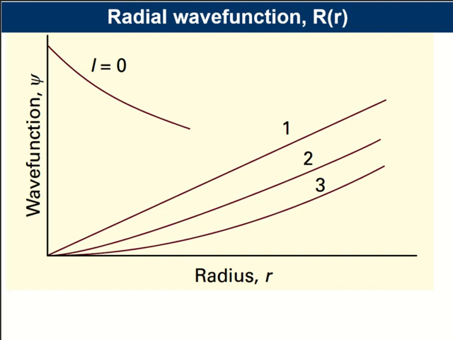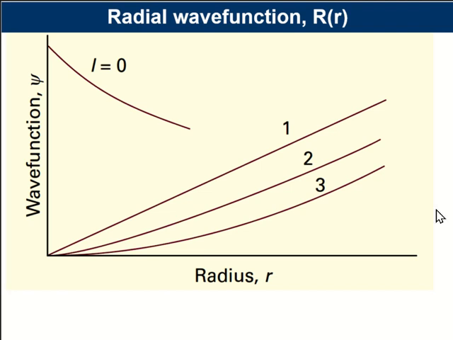When L is 0, you have a maximum amplitude of the wave appearing over here. So this profile is very different from all other wave functions when L is non-zero, like 1, 2, 3. You can see at the nucleus it is always 0.